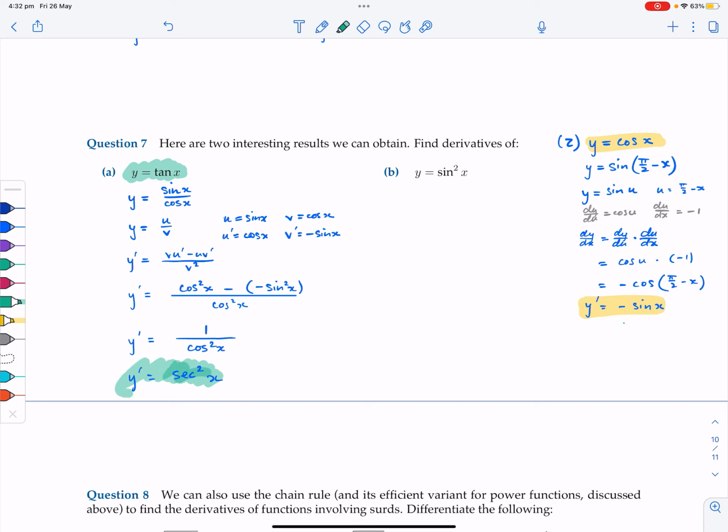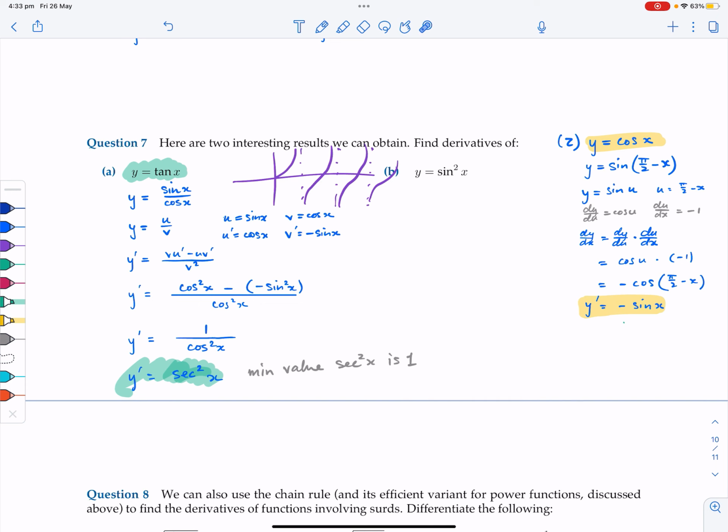Pretty cool, isn't it? Look at the graph. Tan x looks like that. The gradient is always positive. Sec squared x is always positive because of the squared. Furthermore, the minimum value of sec squared x is 1.